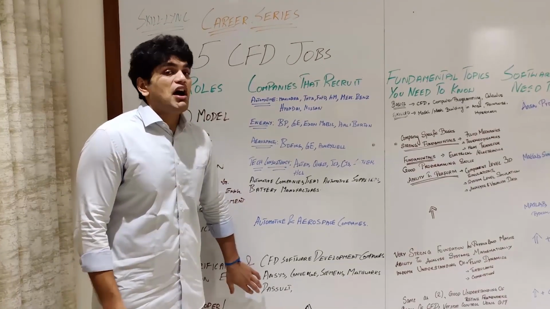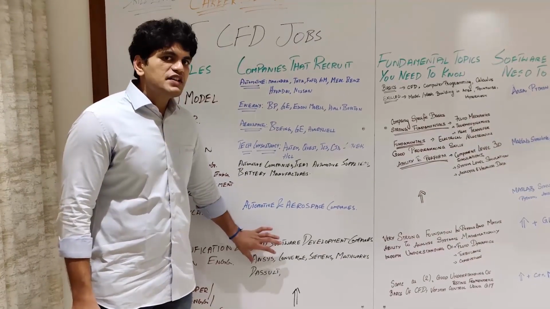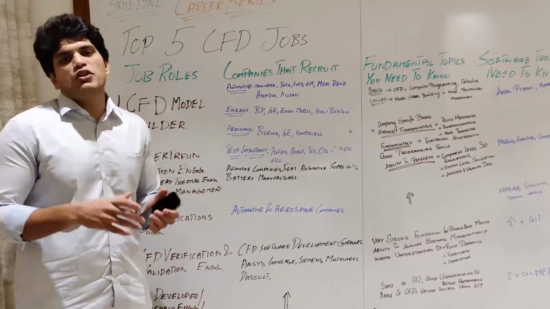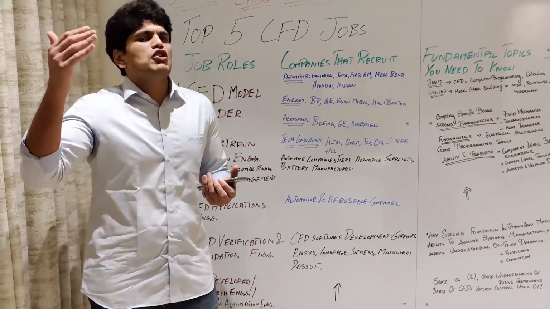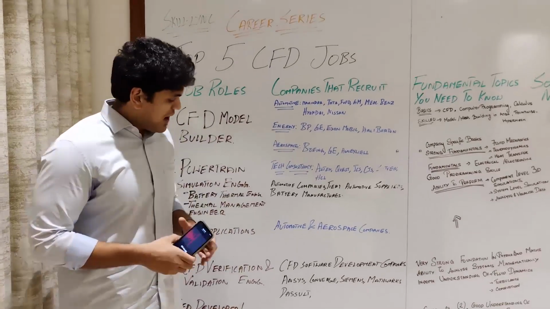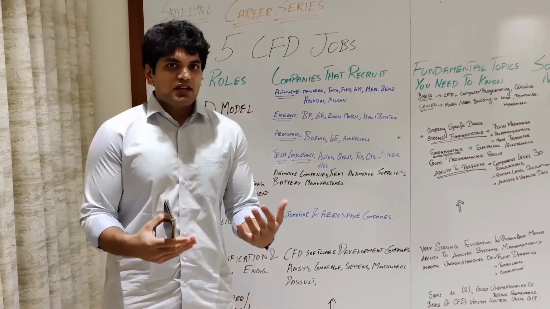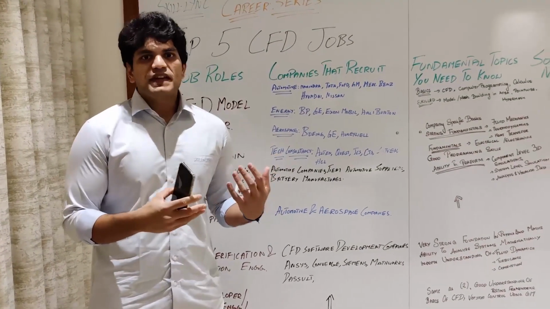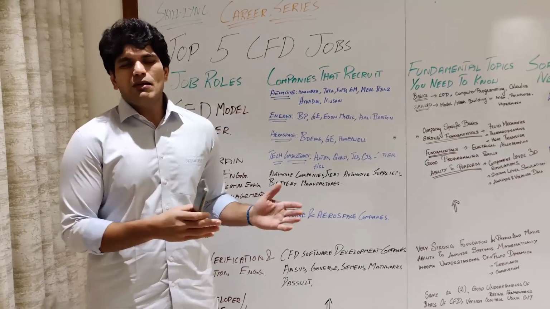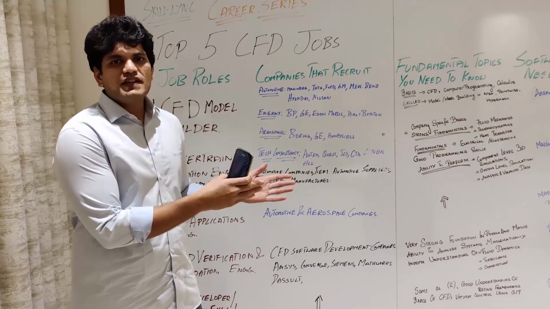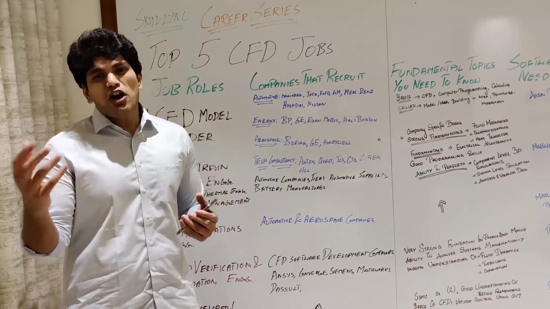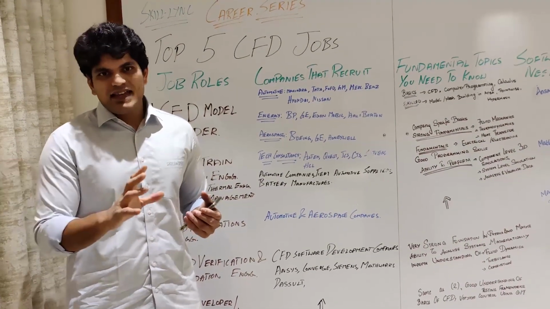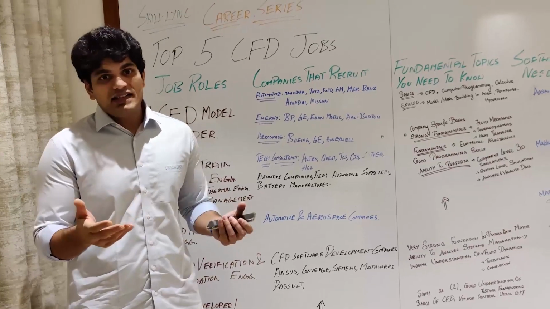What are the companies that usually hire for these two roles? A lot of the CFD software development companies. So if you are looking at a computational fluid dynamics role, this is your pinnacle, I would say, right? Where you develop software for software companies. And when I say software, do not think about this as a computer science software kind of thing. This is more of mechanical engineering software. If you have heard about companies like ANSYS, Siemens, Dassault, Star CCM, right?